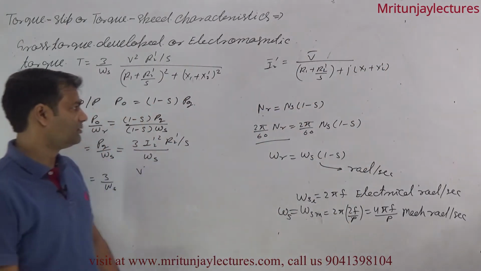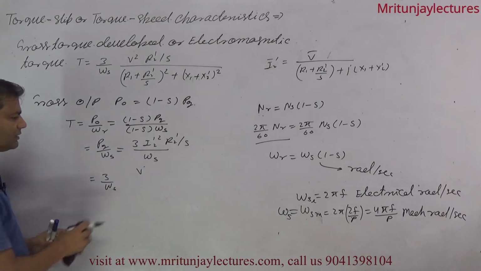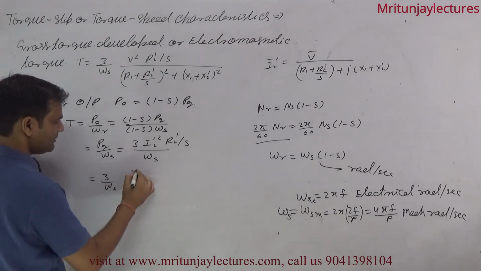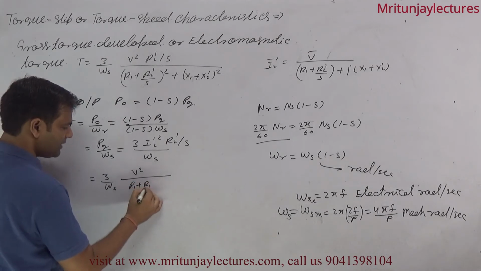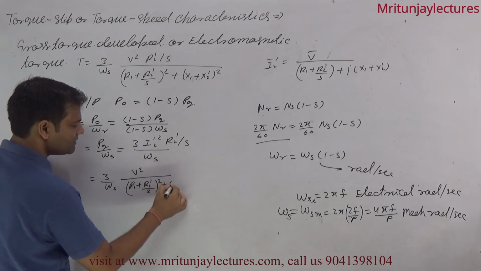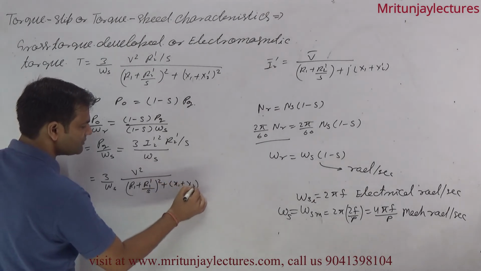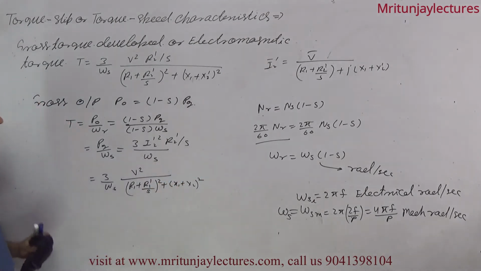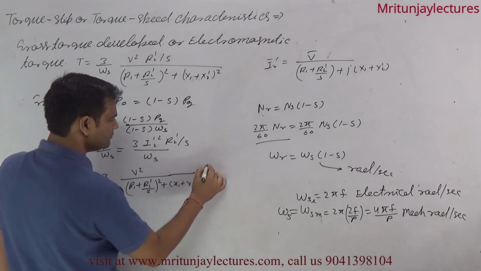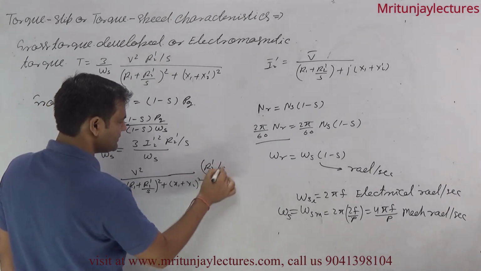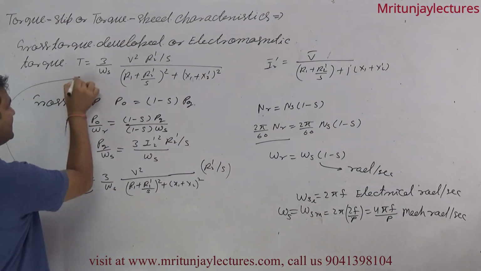I2 dash is equal to like this. So if any doubt, putting it here, that is V square upon R1 plus R2 dash by S, to the whole square, plus X1 plus X2 dash, to the whole square. Clear? Into R2 dash by S.